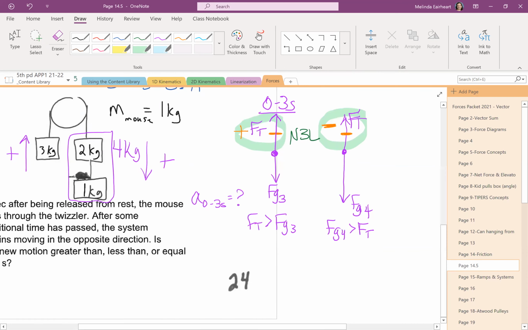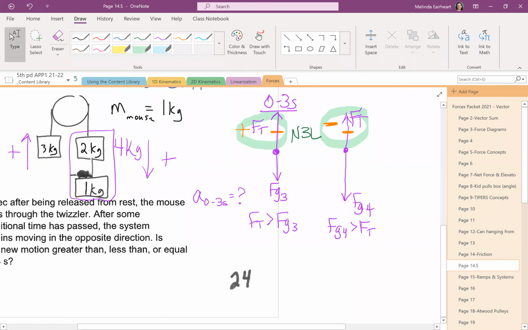Okay. Which is the next step, FNet statements. We've got our diagram, we've got our positive direction, and so now we can do our FNet statements. And so FNet for the 3 kilogram is going to be forward minus backward, if you will. And so I've got a positive tension minus FG3.